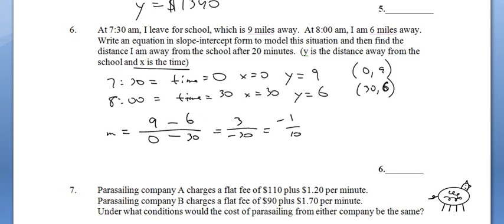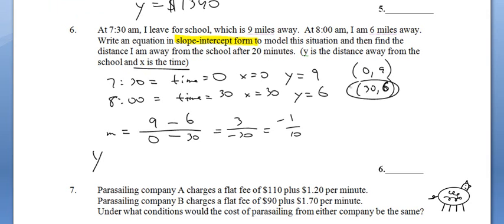All right, and what form am I supposed to put this in? I'm supposed to put this in an equation in slope-intercept form. Okay, so we need to put it in point-slope form first, right? No big deal. So which point do you want to use?